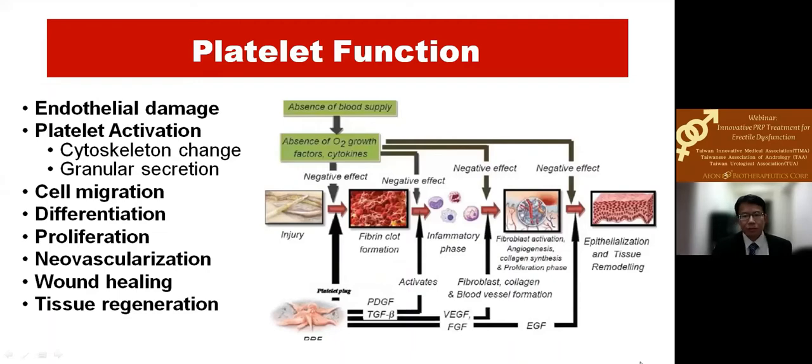After platelet activation, the cytoskeleton would undergo a rearrangement, and the granules in the platelet would be secreted and released. The growth factors and chemokines in the platelets would cause cell migration, differentiation, proliferation, and neovascularization. And these growth factors would promote the processes of wound healing and tissue regeneration.